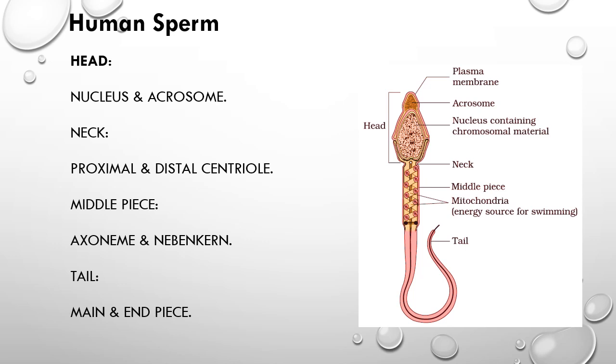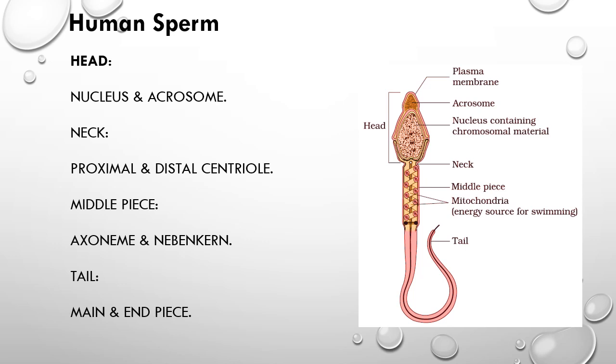The last part of the human sperm is called the tail. The tail consists of two important parts, the main piece and the end piece.